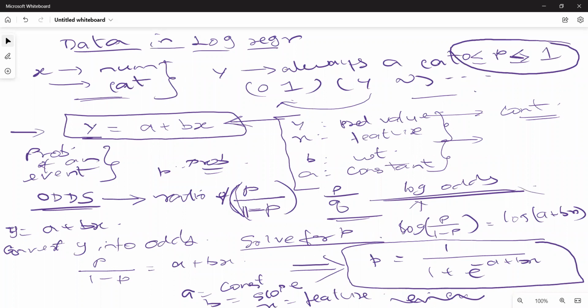So this function that gets generated here, p equals 1 upon 1 plus e raised to minus (a plus bx), is called the sigmoid function.